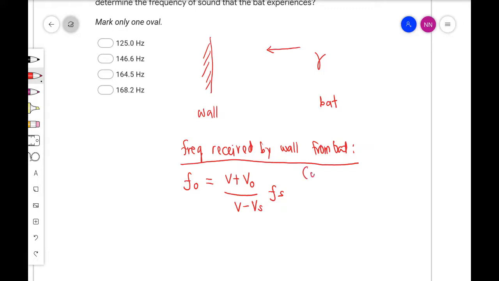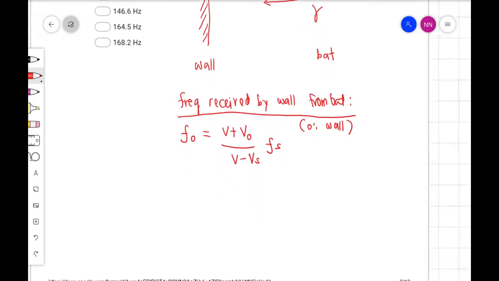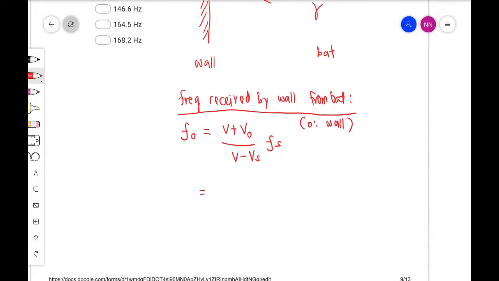Substitute V 340, the speed of sound. VO is the speed of the observer. The wall is at rest, so the speed is 0, over 340 minus the speed of the source.